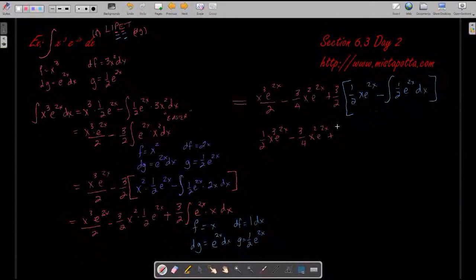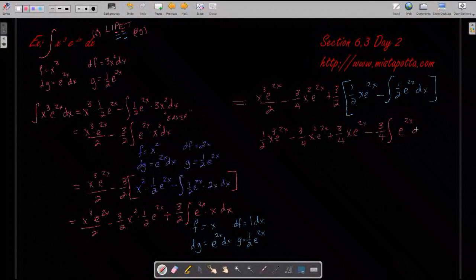So this is going to give me 3/4 x e to the 2x minus, this is going to be 3/2 times this 1/2, or another 3/4 times the integral of e to the 2x dx.